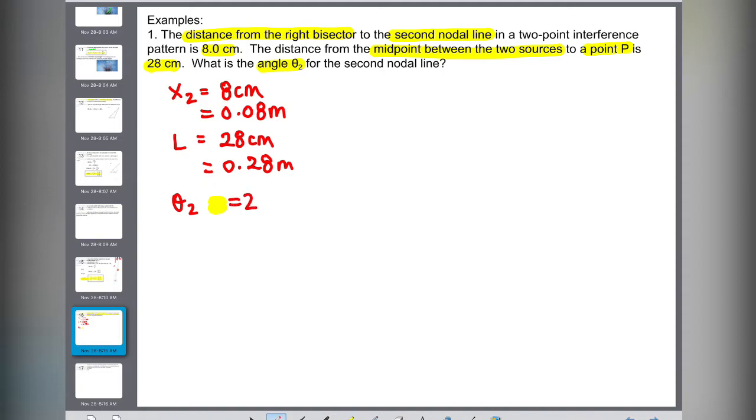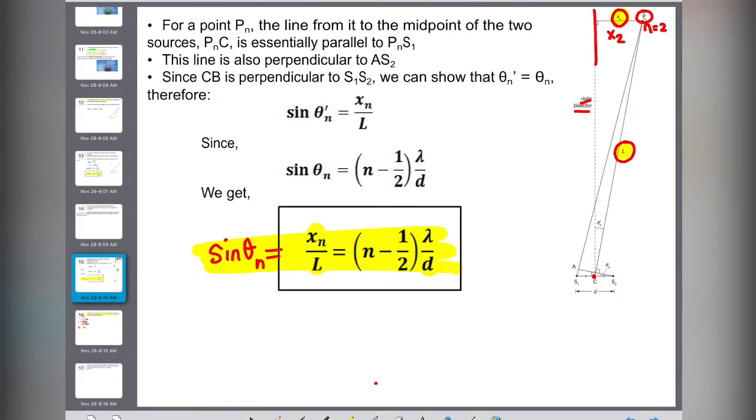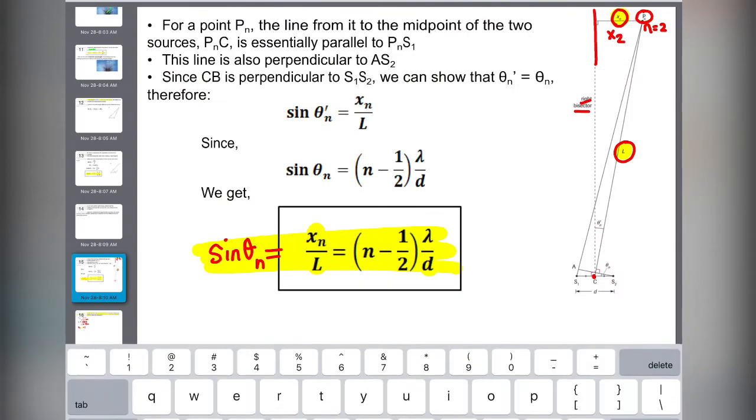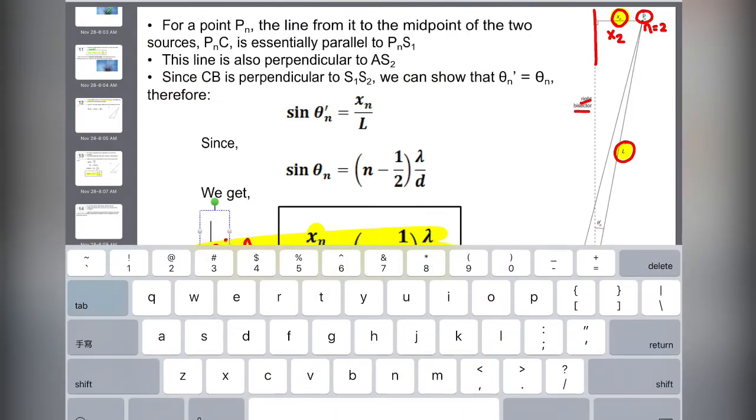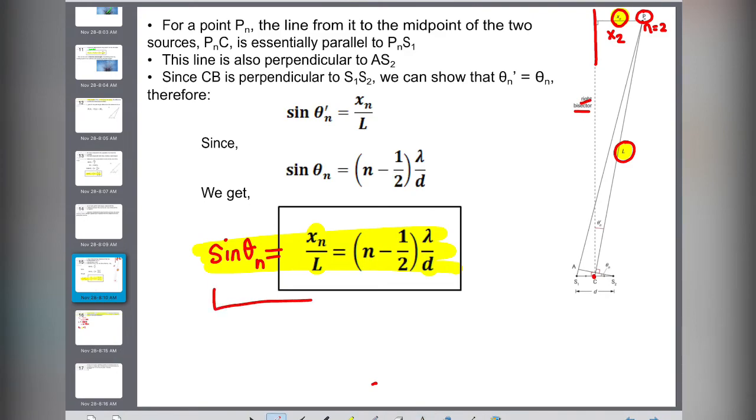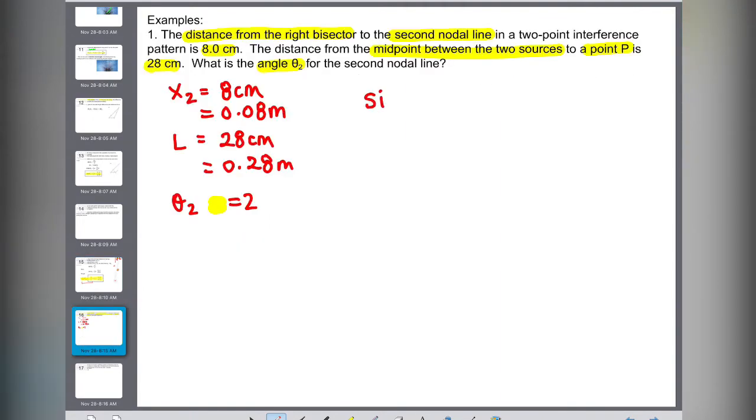I'm looking for what is theta 2. So I have theta 2, x, and L. Do you see from this equation, I would be using this part of the equation, right? Because I have the xn, I have the L, and I have the sine theta. So sine theta n is equals to xn over L, and I'm dealing with the second one.